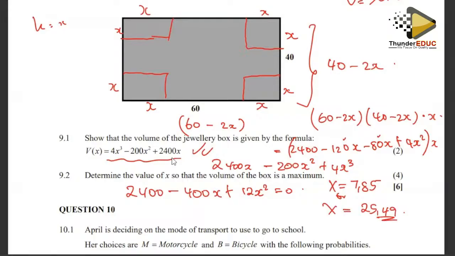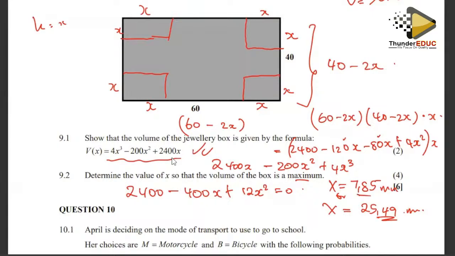Determine the value of x so that the volume is maximum. Now, as x is millimeters, x represents millimeters. So between the two, because if you cut out more, then the amount of space is going to become whatever.